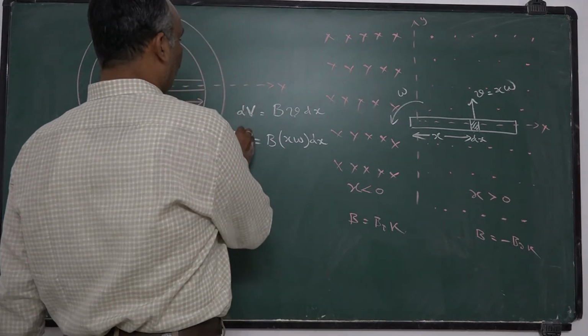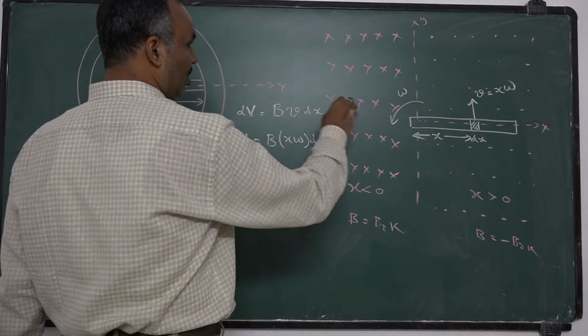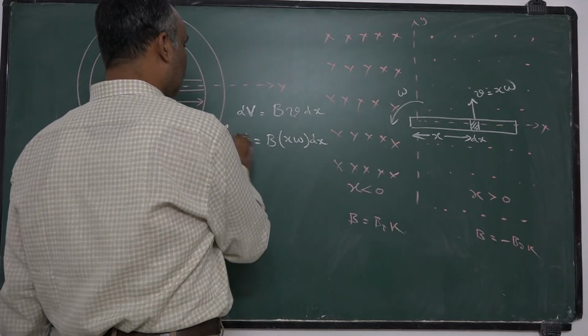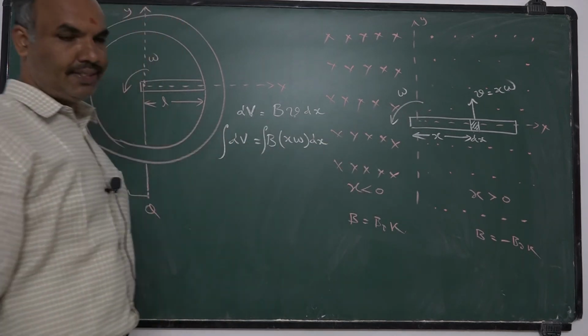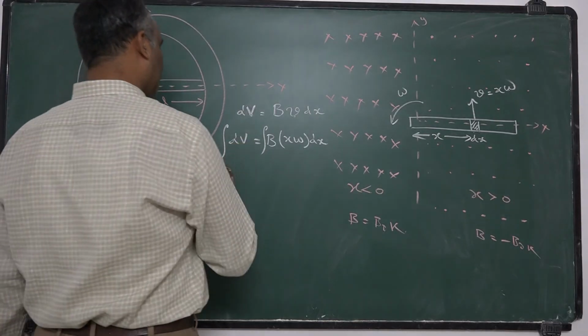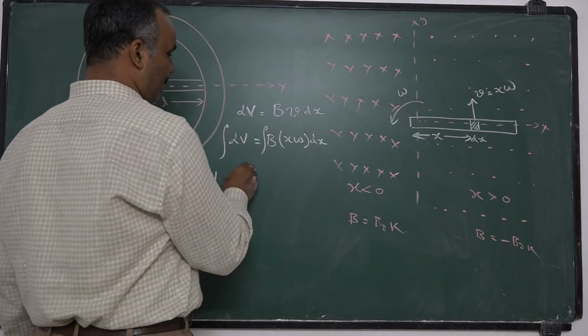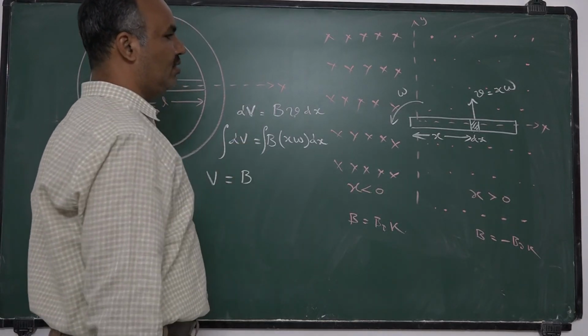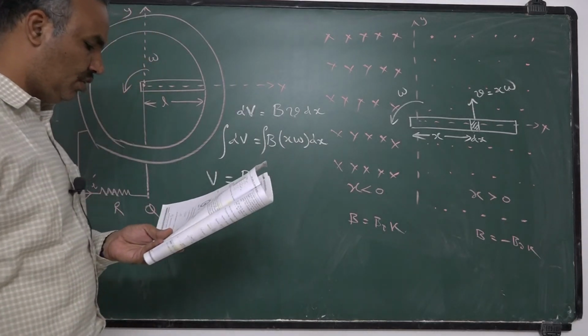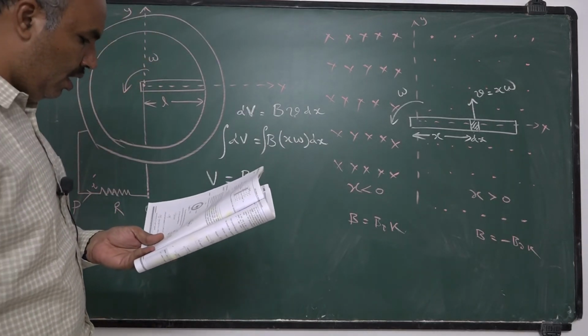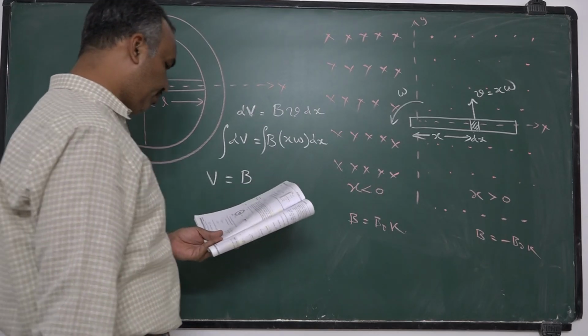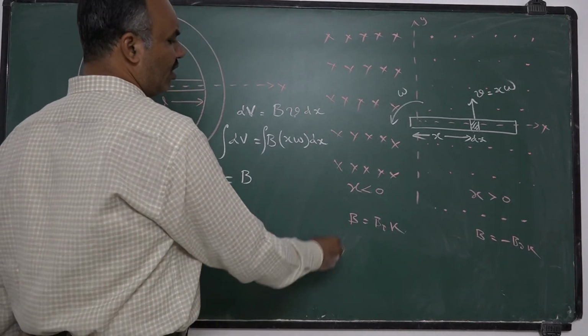Then if you want the total potential developed between the two ends, you should take integration on both sides. Integral dV becomes V, which is given by B, the strength of the magnetic field. I should take it outside, otherwise you are given that B is equal to B naught k.